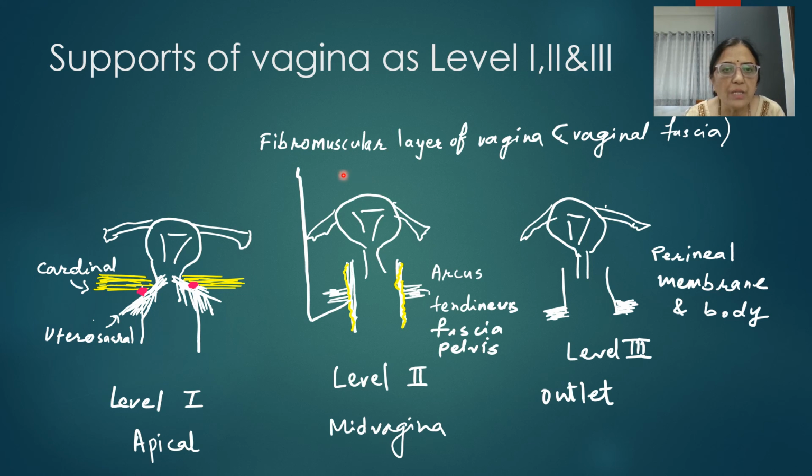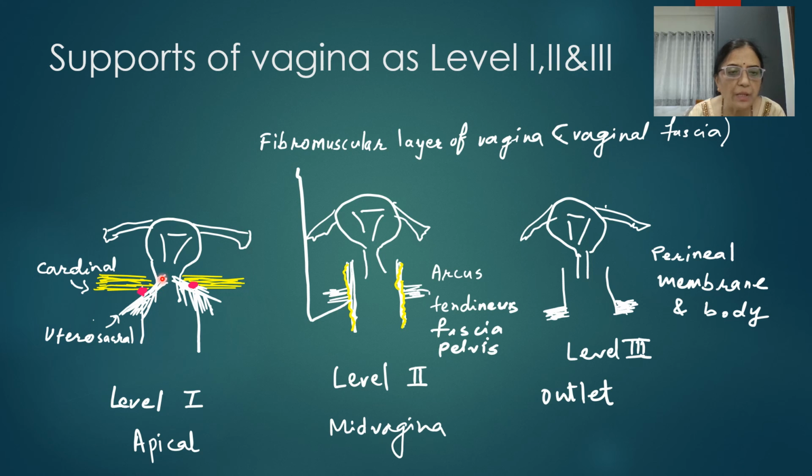Together we can see the supports of the vagina by DeLancey as levels 1, 2 and 3. Level 1 is apical support by the uterosacral cardinal ligament complex. What separates these two, uterosacral and cardinal ligament, is the ureter. The ureter is in close proximity to the uterosacral ligament at its origin, which is why we should never divide uterosacral ligaments away from the cervix.